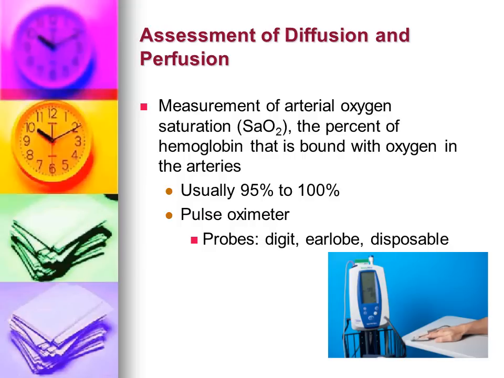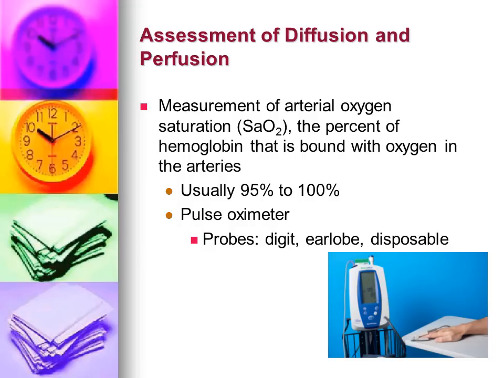The pulse oximetry is a probe with a light-emitting diode, LED, connected by cable to an oximeter. And the LED emits light wavelengths that the oxygenated and deoxygenated hemoglobin particles absorb differently.